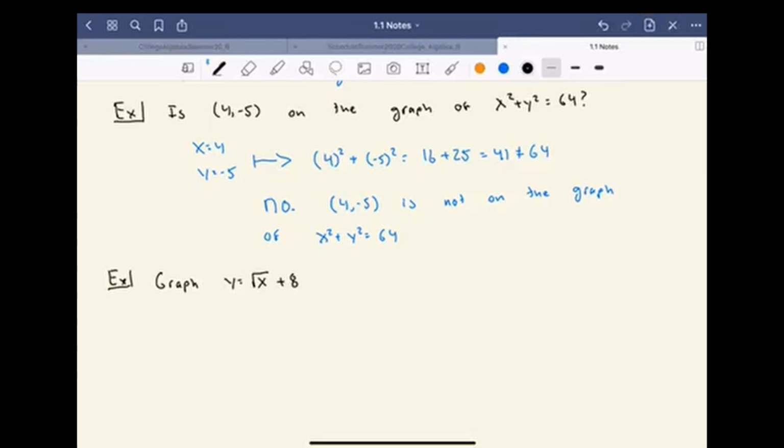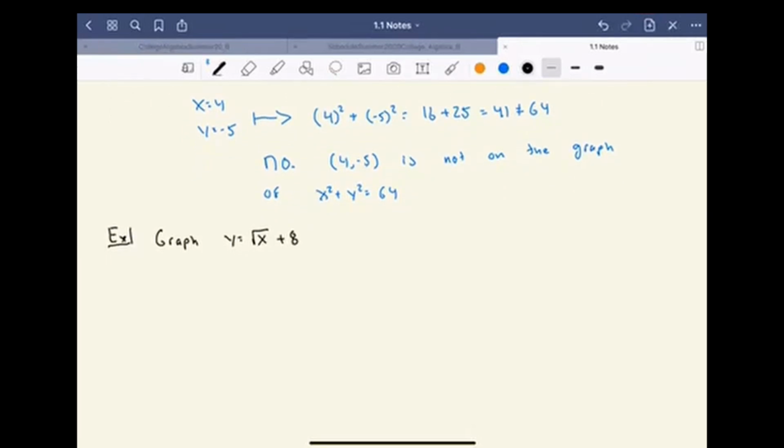Okay, so an easy way to graph these is to start by making XY charts. Okay, so we're going to graph this by plotting some points.